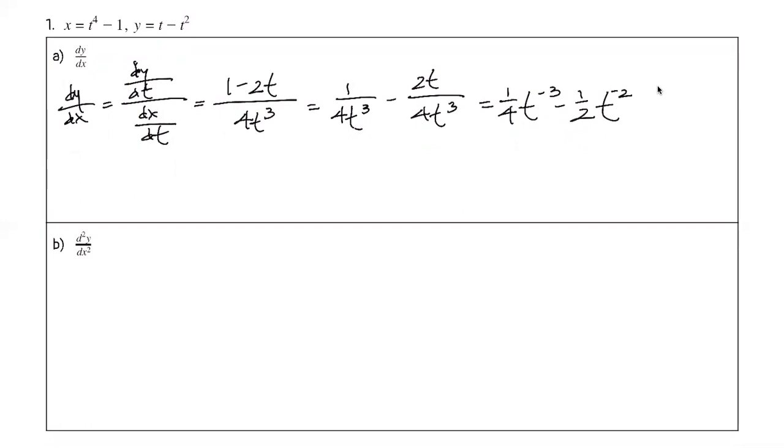So for the second derivative, I'm going to have to find the first derivative of my answer from above. I'm going to take the derivative of my answer from part A, and I'm going to divide that by dx/dt.